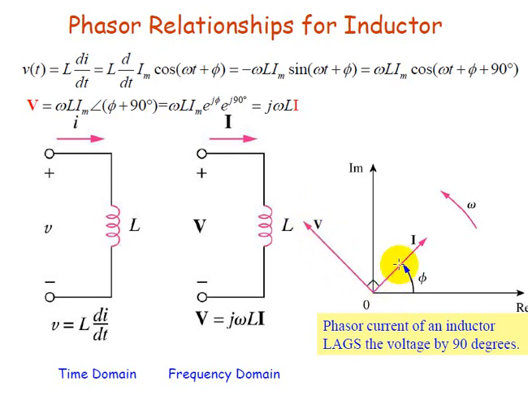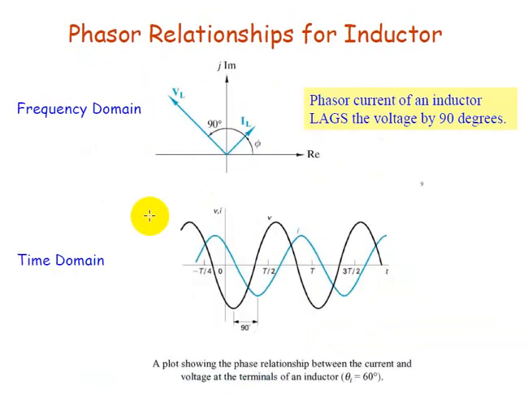And here you can see the voltage leads the current in an inductor, or the other way you can say the current lags the voltage for an inductor by 90 degrees. So this is all about the inductor, and we can see that response in the time domain.